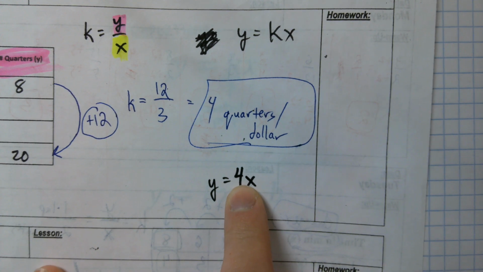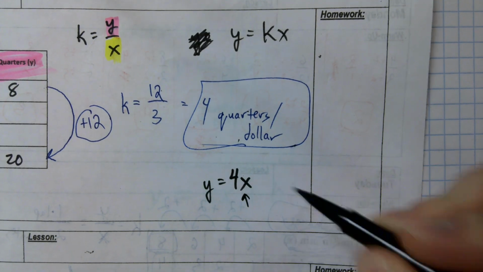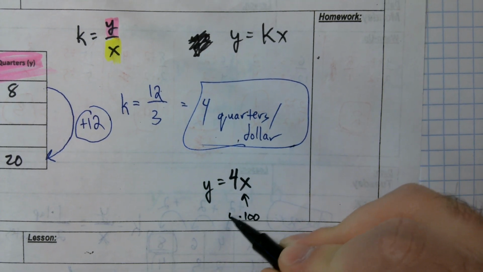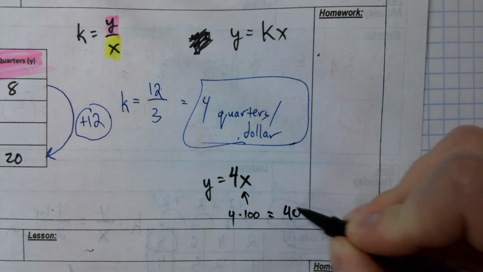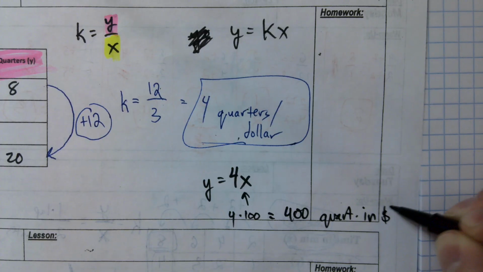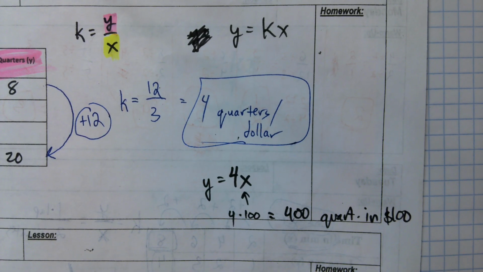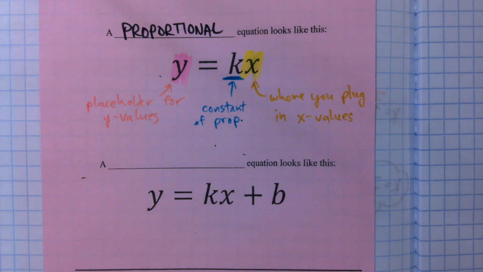So that if I was asked, say, how many quarters are there in $100, I could plug 100 in here and multiply it by 4. Well, what's 4 times 100? 400. So there are 400 quarters in $100, right? It's just simple multiplication. That's all it is. So that's a proportional relationship.